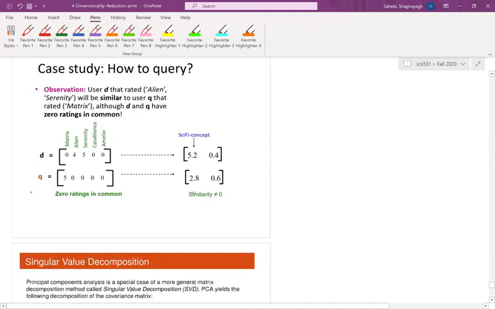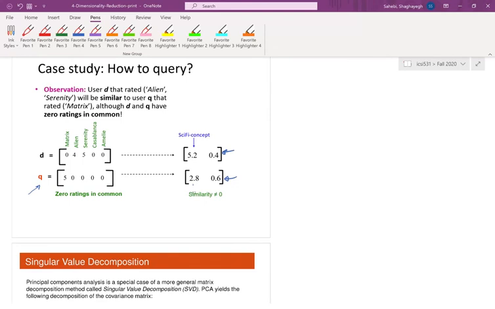So our Matrix query in the concept space looked like this vector, and the user that didn't rate Matrix but rated Alien and Serenity looks like this in the sci-fi concept and romance concept.